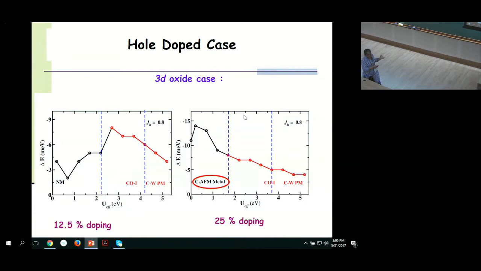There's a strong asymmetry, and that's because in this case you're doping into the T2G band, which possibly has a smaller hopping interaction strength, and so the gain by super exchange is much less in this case compared to the case of the EG electron carrier going into the EG orbitals.